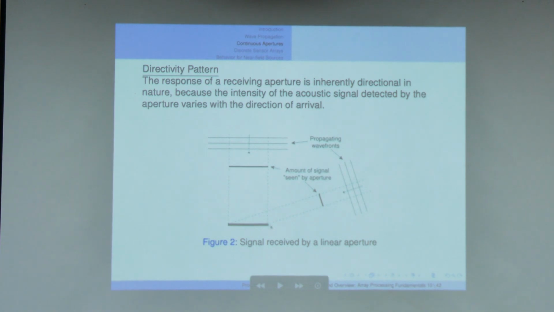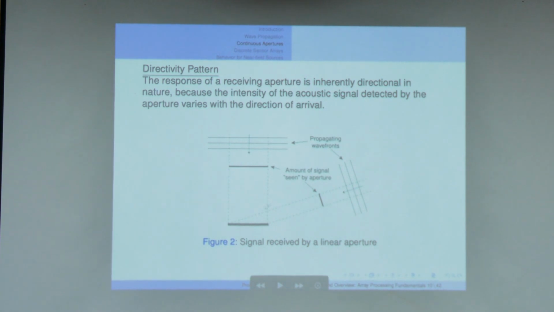Suppose that we take the summation of the electric signals received on the aperture. Of course we have constructive interference, a good constructive summation, for signals or plane waves that come from this direction.